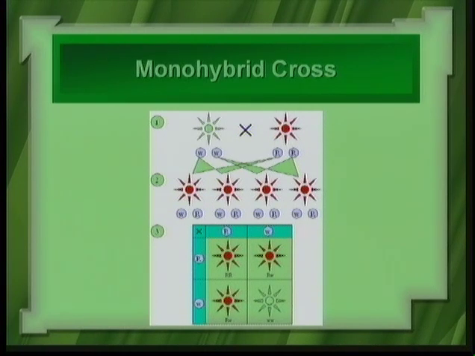So here, this is representing a white flower or a white individual. This is representing a red individual or a red flower. The symbols here are not exactly what I want you folks to do, but it does give you an idea. When this organism makes its gametes, since it's purebred for white, the only kind of gametes or alleles it can give to its offspring plants are white alleles.